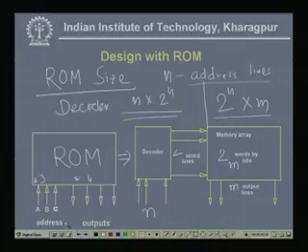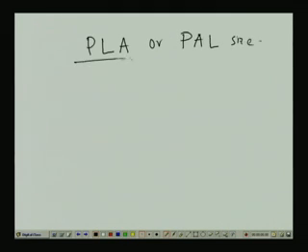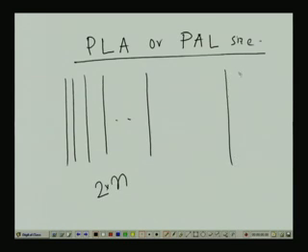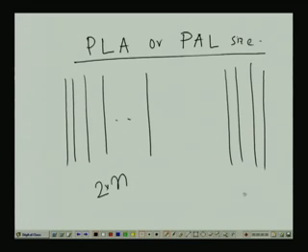Whereas for PLA or PAL size, the input lines are 2n for any n variables, and there are m outputs.